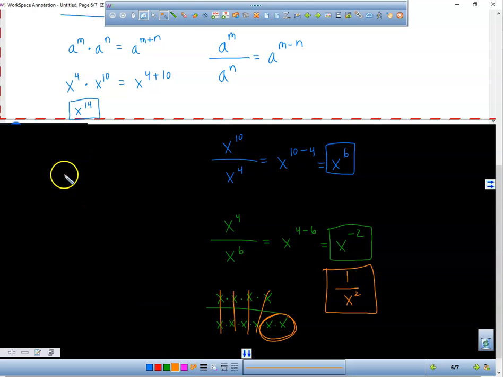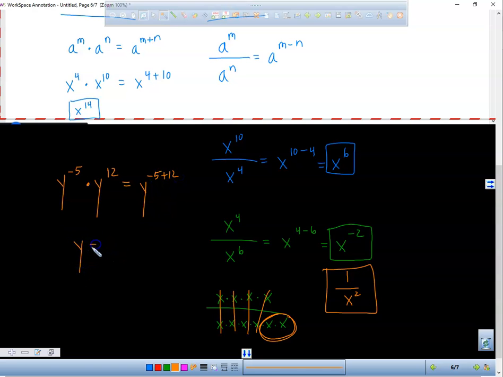See if you guys get this really quick. Ready? How about this? y to the power of -5 times y to the power of, let's say, 12. What's y to the power of negative 5 times y to the power of 12? It'd be the same as saying negative 5 plus 12. What would you guys say?